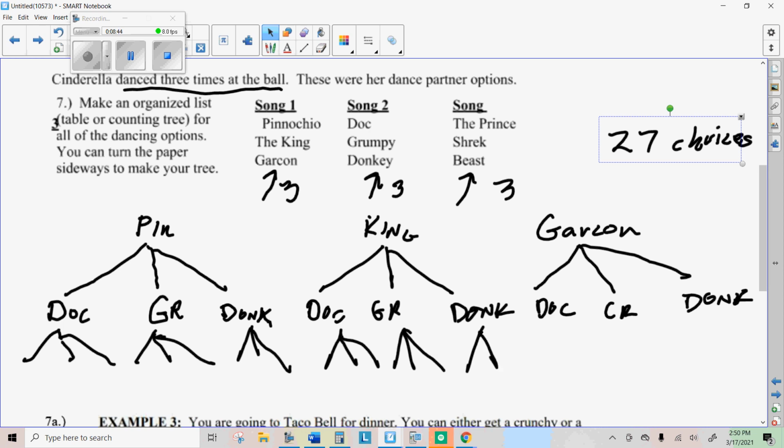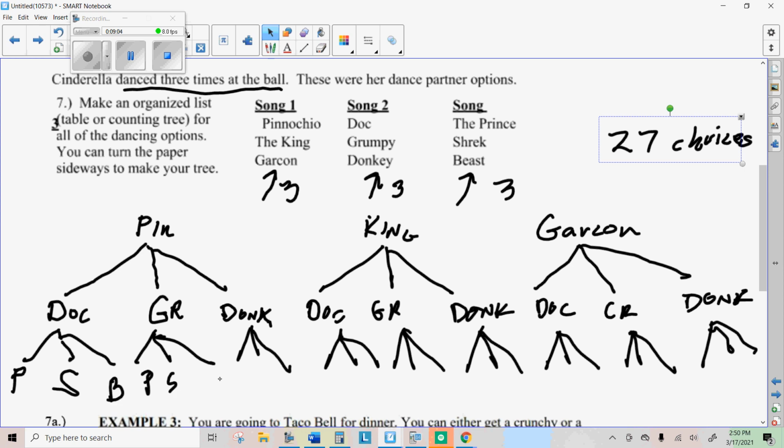Hopefully I can fit them all. All right, and our last choices are the prince. I'm running out of room, so I'm going to put P for prince. Shrek and the Beast. Prince, Shrek, and Beast. And you should have 27 when you're done here.